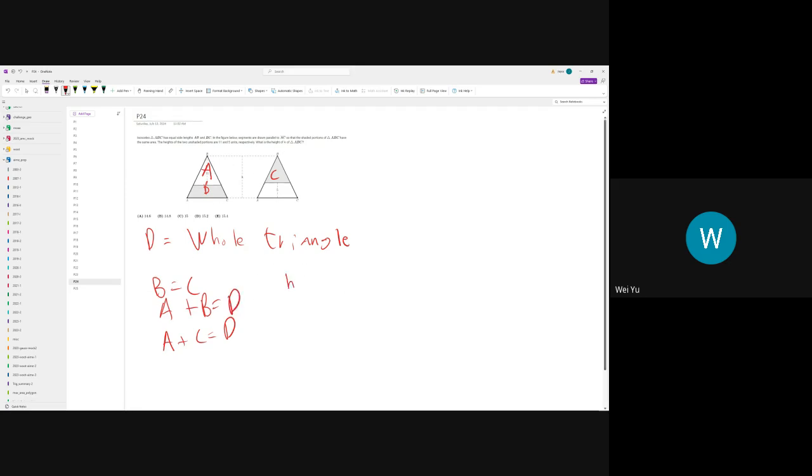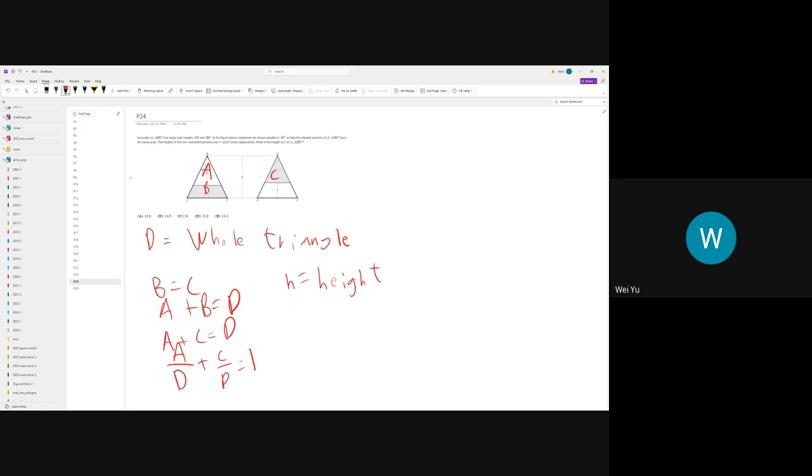So let's suppose h is equal to the height. So from this equation, we get that A over D plus C over D equals 1 by just dividing by D. So A over D is equal to the square of this over this, because these two triangles are similar and these are corresponding lengths.